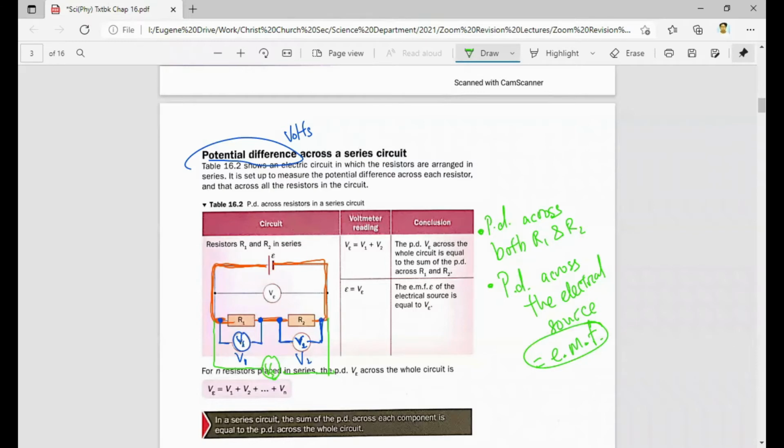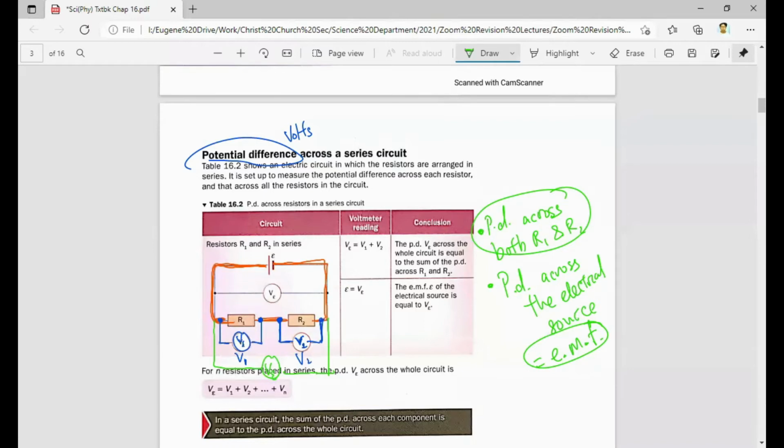Okay, so first things first, let's look at this. What they realize is that when they switch on the circuit, they look at the reading of V1. They realize that V1 plus V2 will give me the same reading as VE. So what we realize is that when we have two resistors connected in series, the sum of their potential differences is equal to the potential difference across the whole circuit here.